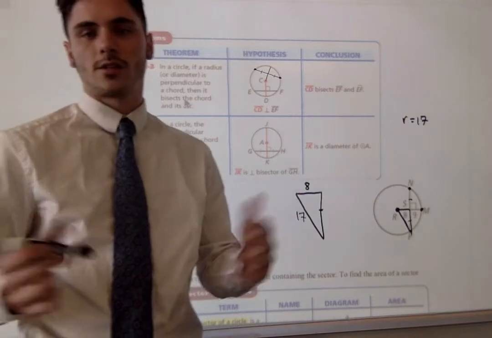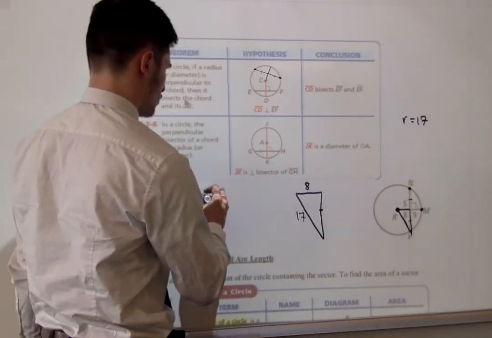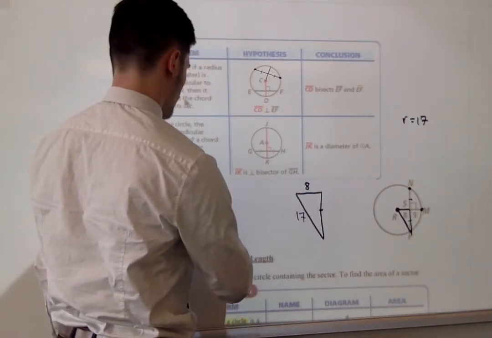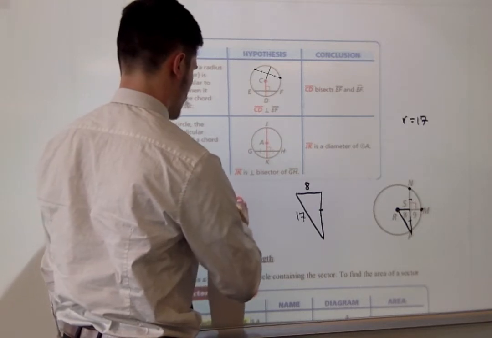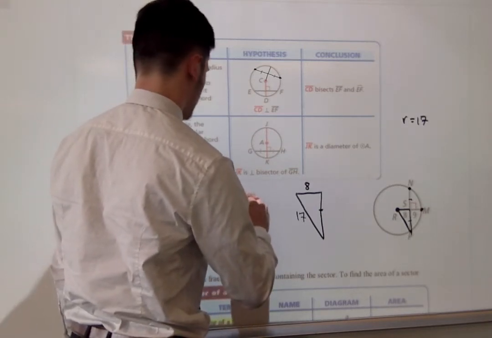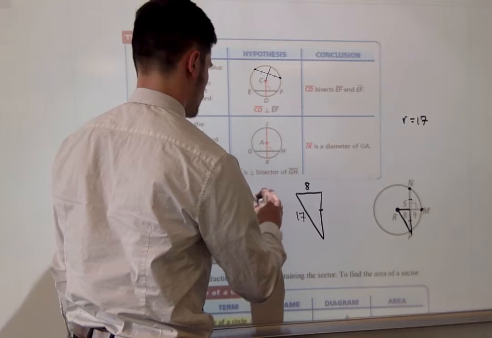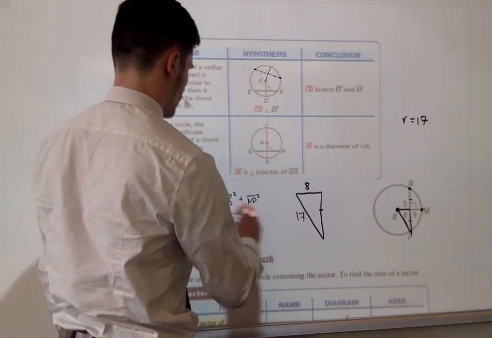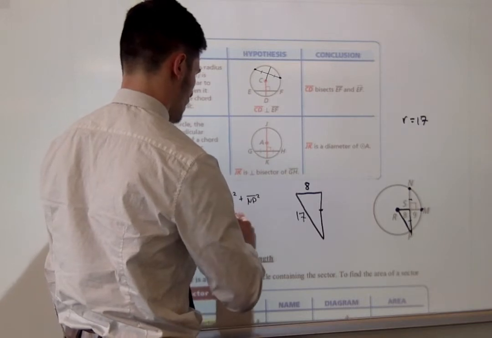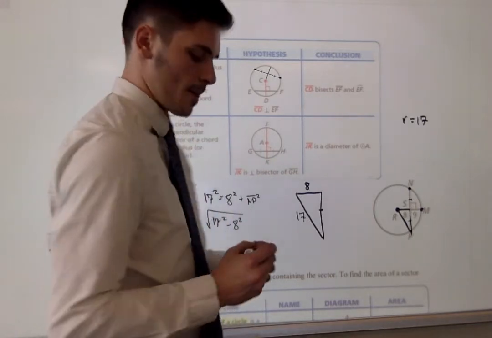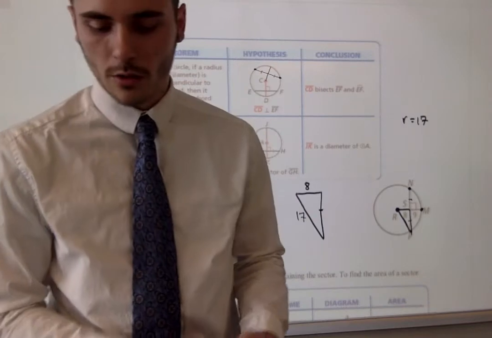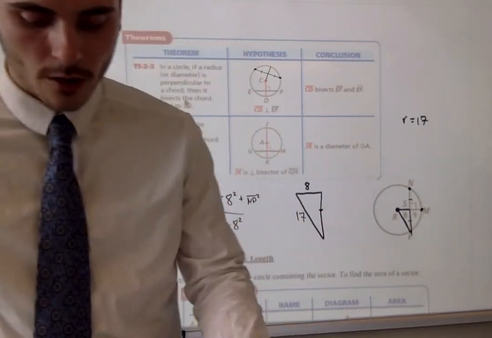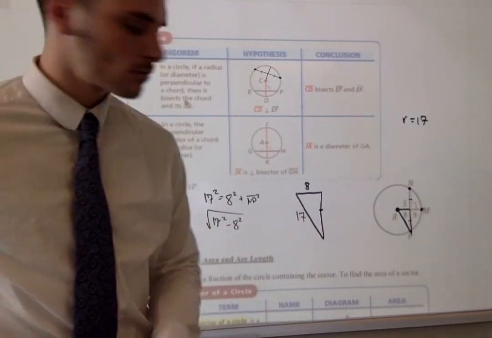So what we can do with this is our favorite old Pythagorean theorem. So we're going to have 17 squared equals 8 squared plus NP squared. So we end up with the square root of 17 squared minus 8 squared, which when we type that into our calculator, we end up with 15.